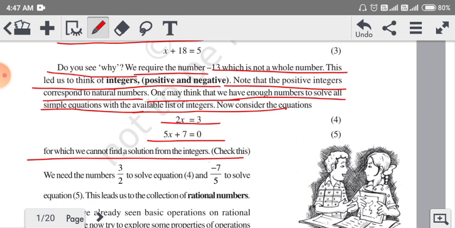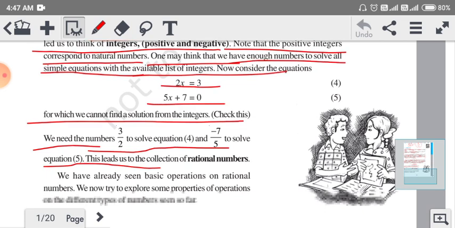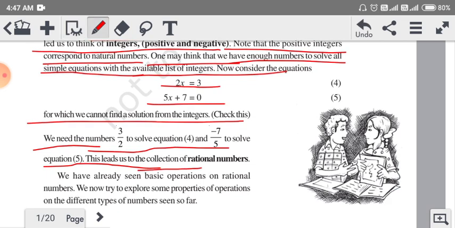So check this. We need the number 3 by 2 to solve equation 4 and minus 7 by 5 to solve equation 5. This led us to the collection of rational numbers.